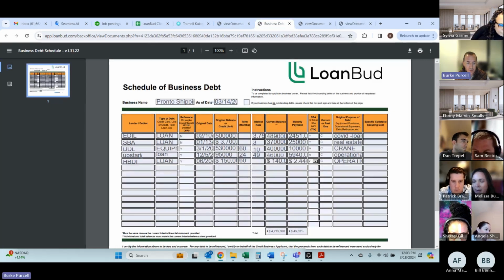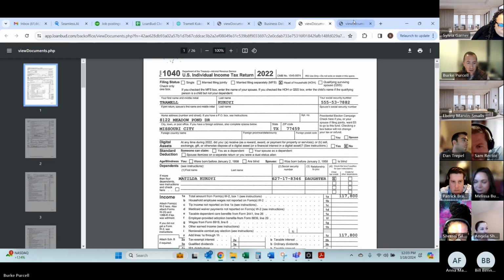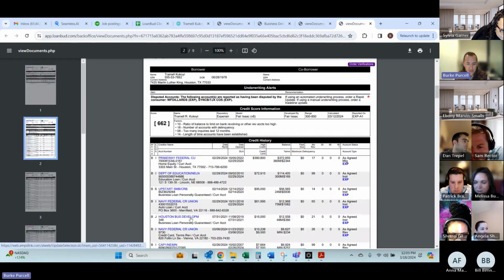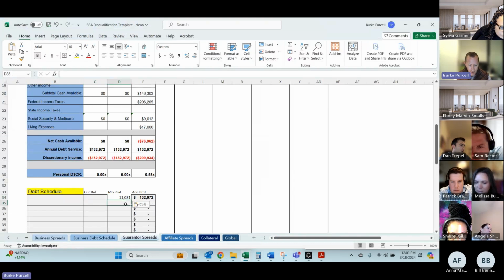My business debt schedule has Upstart. It's right here. It also has HBDL. That's going to be the Houston Business Development Loan. So now I'm going to back out 5936 and 366 from my analysis because I don't need to hit them twice for it.